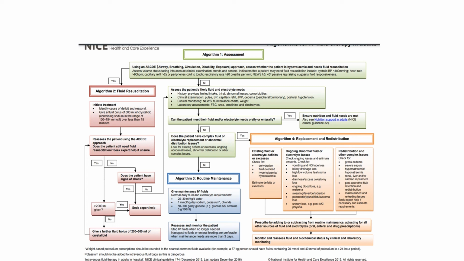You have to assess whether the patient has complex fluid electrolyte replacement needs or abnormal distribution losses, like ongoing abnormal losses, abnormal distribution, or other complex issues. Then you have to address that and provide the routine maintenance. IV maintenance fluids include a normal fluid intake of 25 to 30 ml per kg per day of water, and 1 millimole per kg per day of sodium, potassium and chloride, and 50 to 100 grams per day of glucose.